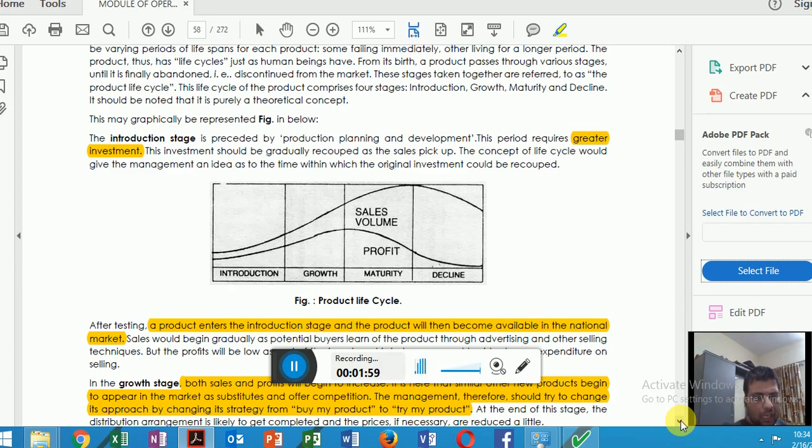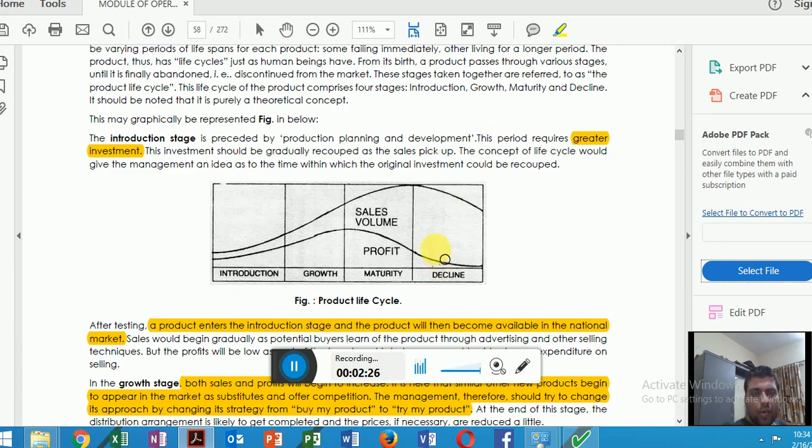If you see this diagram carefully, in the decline part, which is the last part, the sales and the profit are decreasing drastically. It is increasing slowly but surely till the maturity part. But as the maturity part crosses, the sales and the profit go on decreasing continuously.